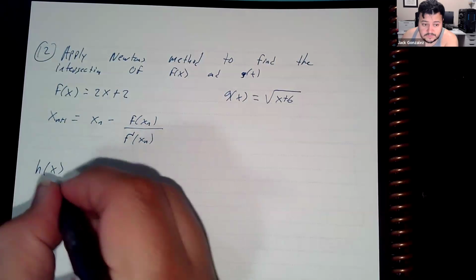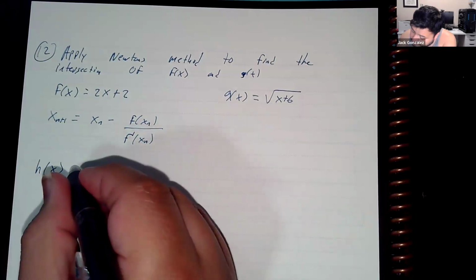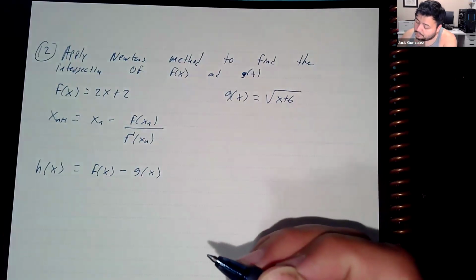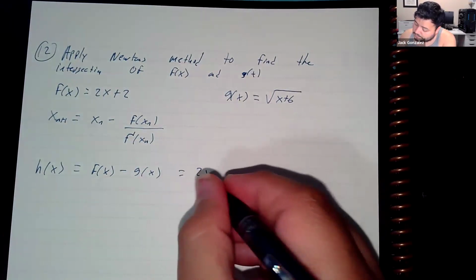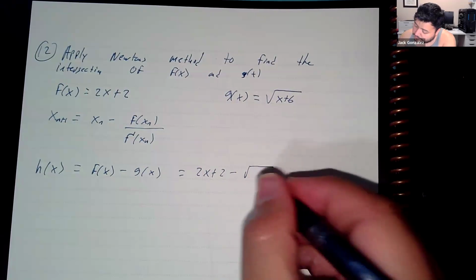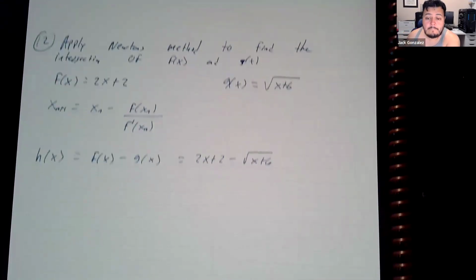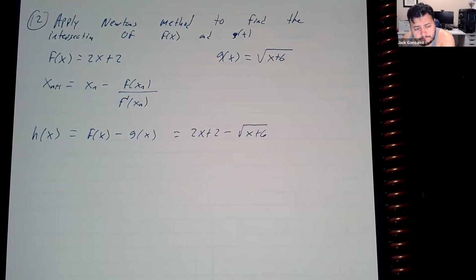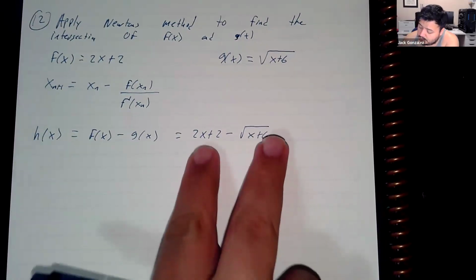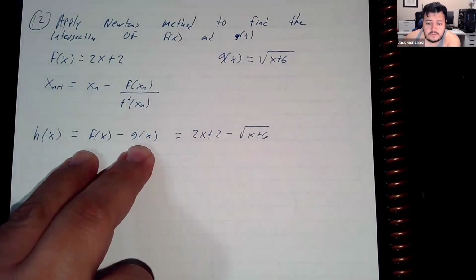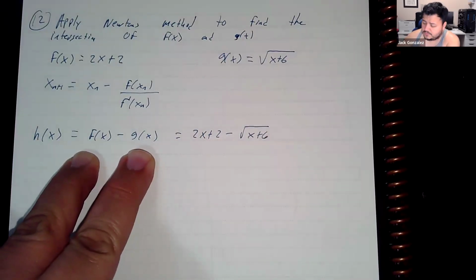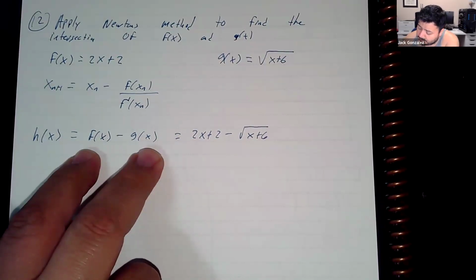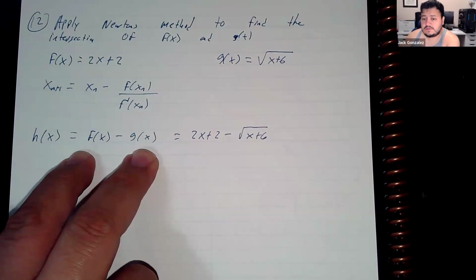So subtract these functions. The h would be equal to f minus g, which is 2x plus 2 minus the square root thing. So apply Newton's method on this. Because when you set these equal to each other and then subtract, basically what you're doing is setting the difference equal to 0, because that's when they intersect.